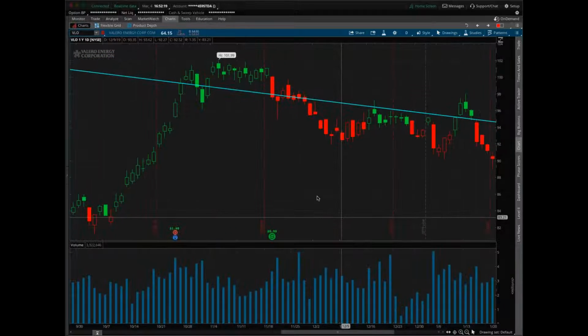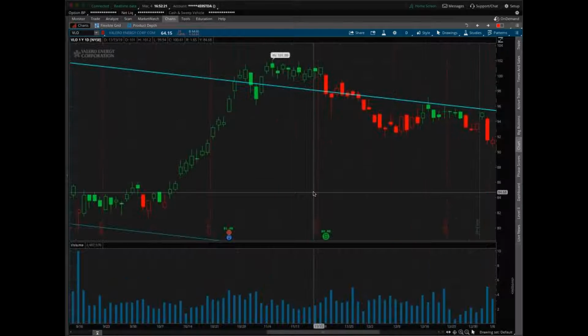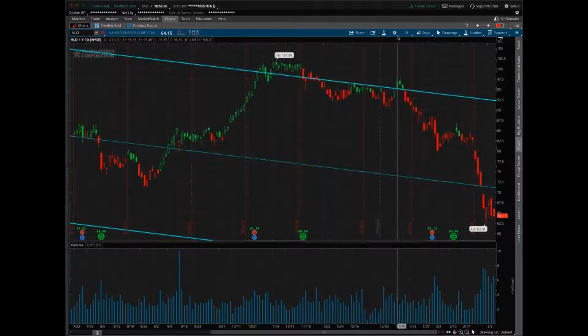Steven, my candles, the trends are showing up, but the candles are all solid. Is there another setting somewhere? Yeah, you click this top gearbox here. It says chart settings. Click that, and a little box opens up.